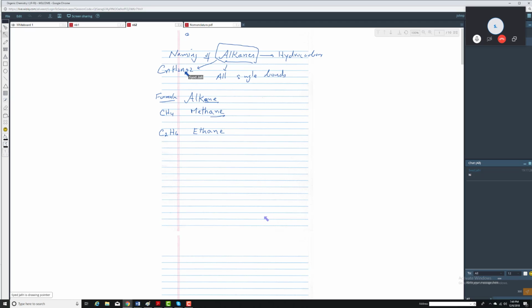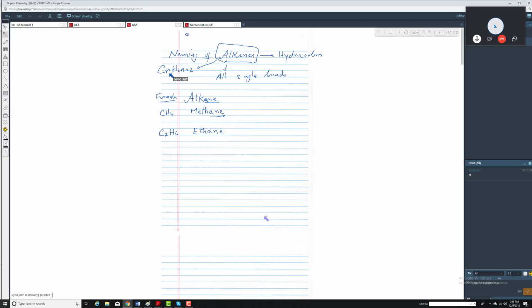How many hydrogen atoms should there be? 2 times 1 is 2, plus 2 is 4 hydrogens. We don't write 1, but carbon is 1, hydrogen is 4.